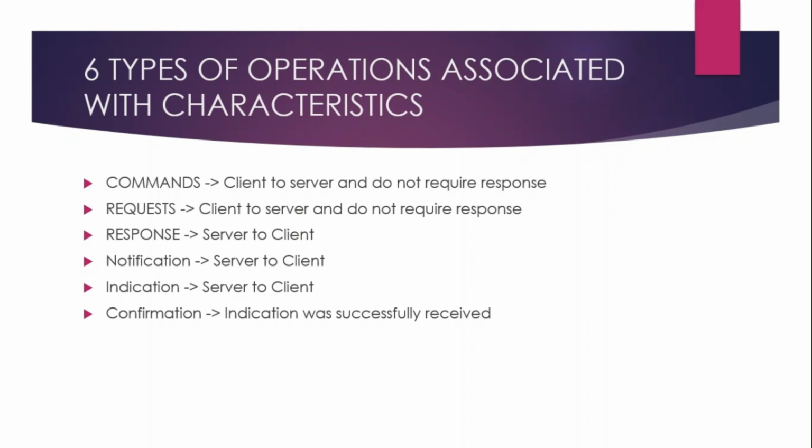Again, it's to acknowledge that the indication is received. The final one is confirmation. Whenever the indication is successfully received, at that time confirmation is sent. It can be from server to client or client to server. So these are the standard six operations which are exchanged between the client and the server.